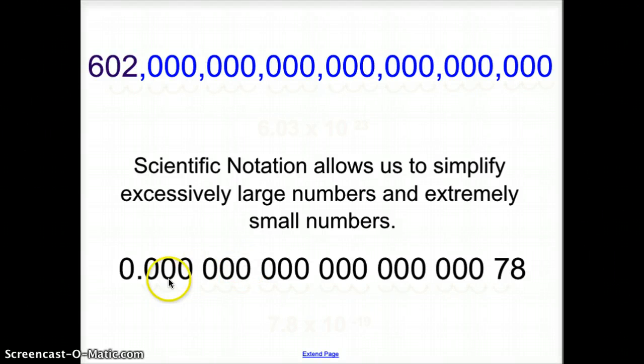But we can also move the decimal for really, really small values. And here we have an example. We have 3, 6, 9, 12, 15, 18 zeros in front of this 78. And this would be a really small number.